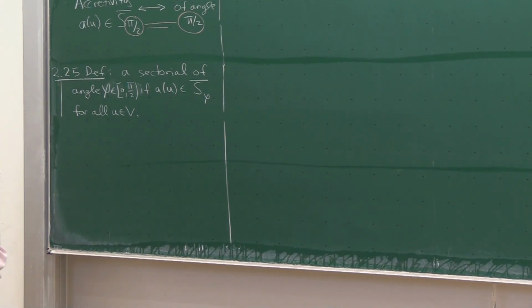So for sectoriality, the limit case pi over 2 would be just accretivity, which we defined before.